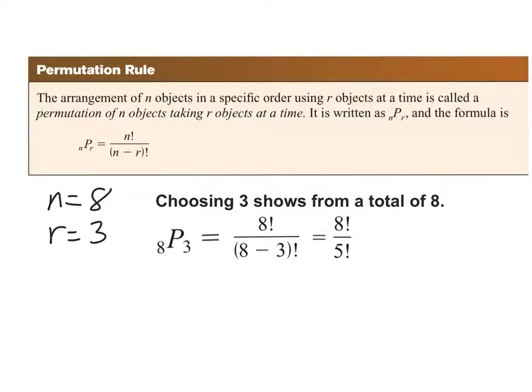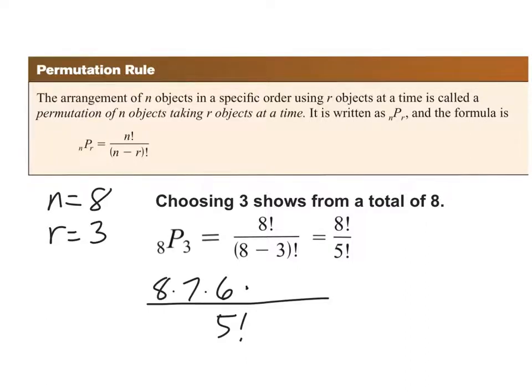Now, you could just punch that in your calculator once you find the factorial button, and do that division in your calculator. That is certainly one way you can do it. But I want to show you something else as well. Since I have this 5 factorial on the bottom, what I can strategically do, since 8 factorial is 8 times 7 times 6 times 5 times 4 times 3 times 2 times 1, I could write it out.